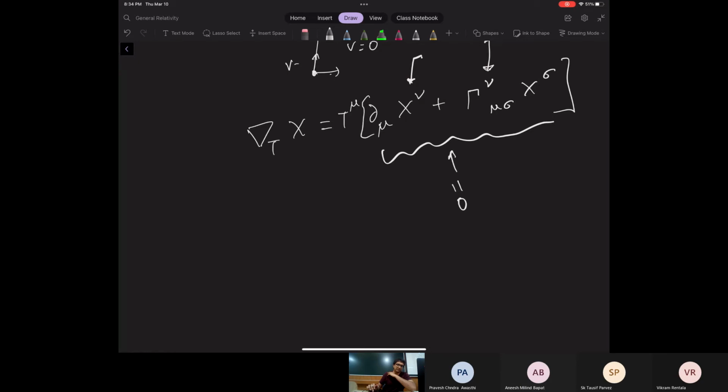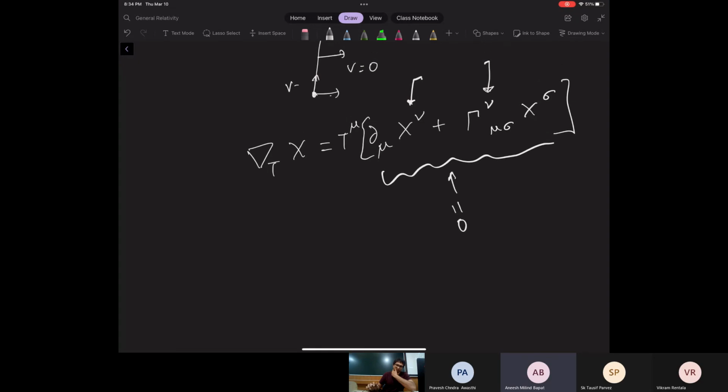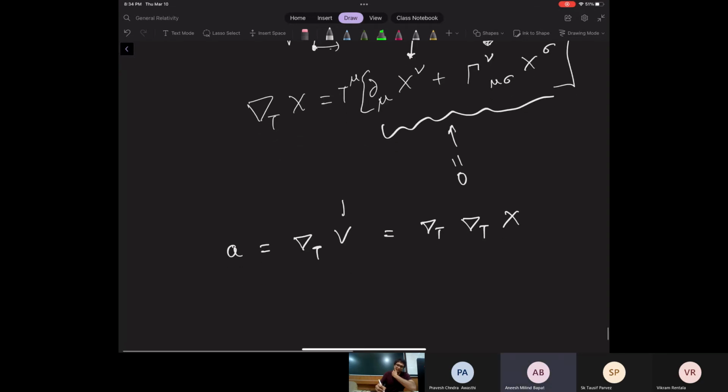Sorry, say that again, Anish. Sir, we just showed that the acceleration which we just calculated was essentially grad t of v. And if it is possible to reparameterize so that v is 0 everywhere, then this would also be 0. Yeah, that's right. If v was 0 everywhere, or at nearby locations, then the acceleration would be 0.